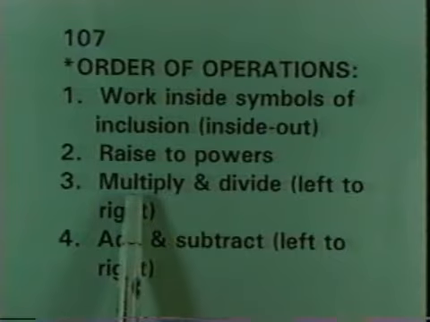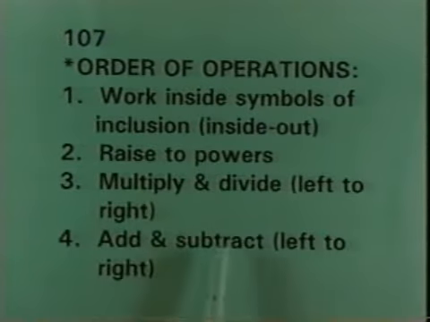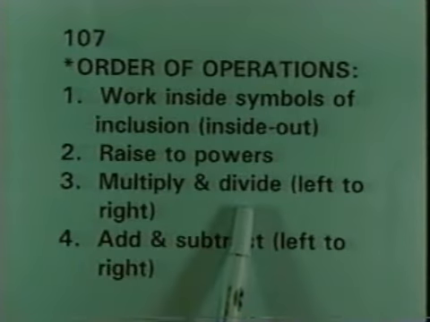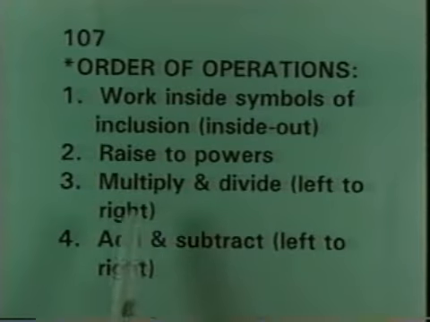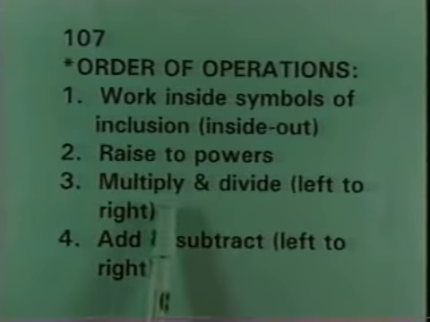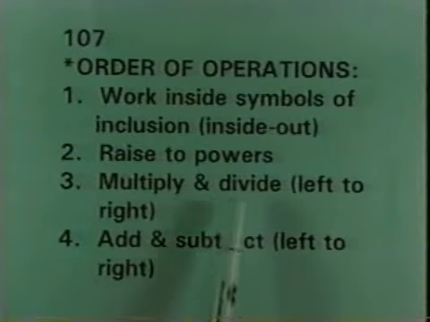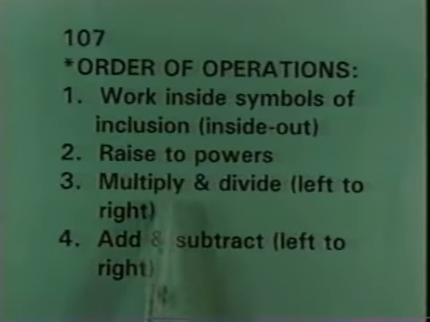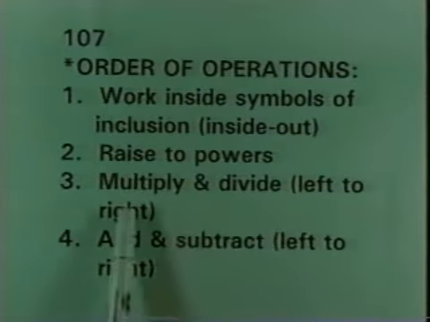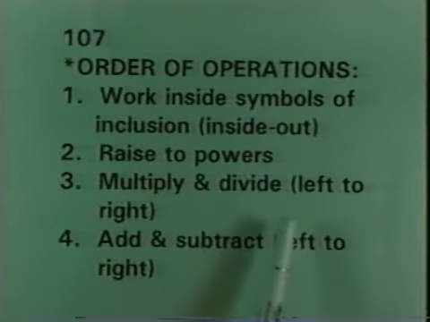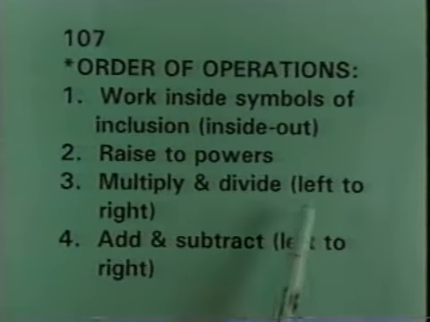If you multiply, normally you get large in a hurry. When you divide, you normally get small in a hurry. Therefore, in doing your multiplication and division, you work with whichever comes first. Since we read left to right, the operation on the left will come first.